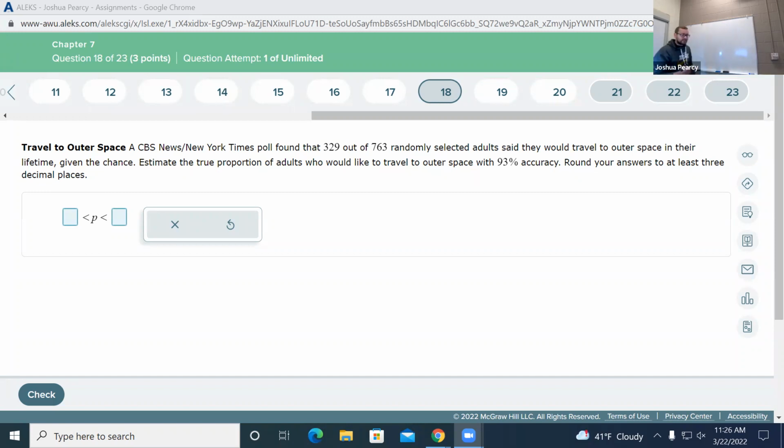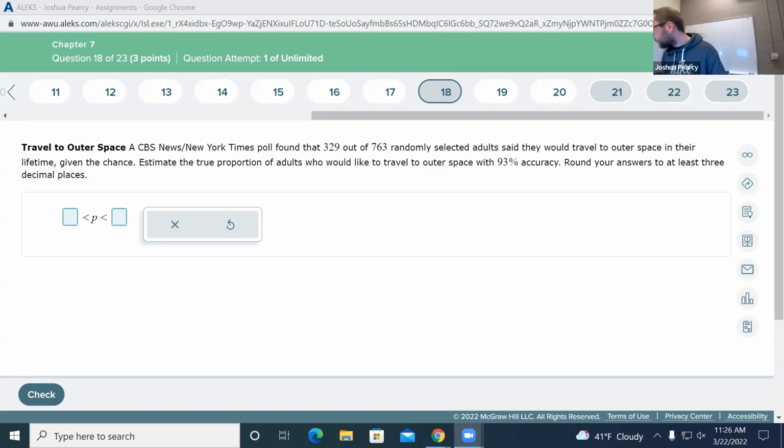Then, what is p hat in this case? The sample proportion of people who would go to outer space if they could, and what is it? Yeah, 329 divided by the total sample size, 763.